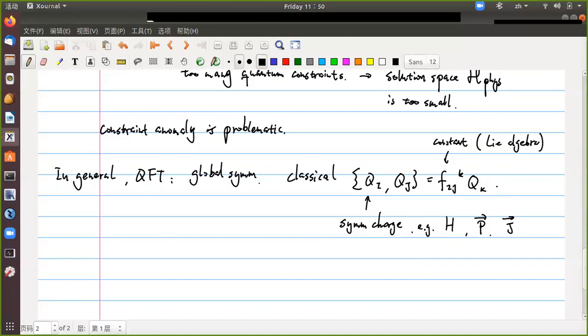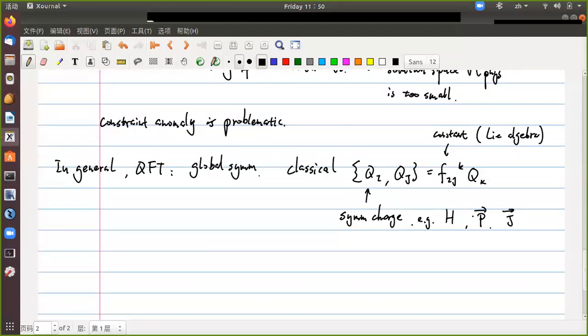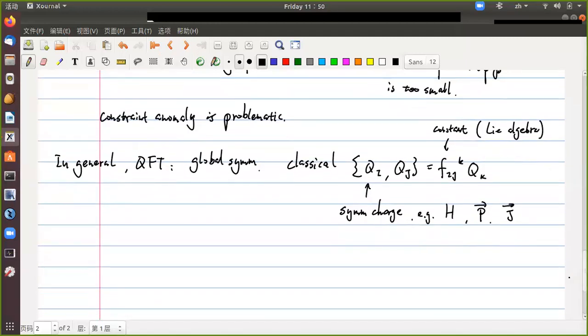So classically, these are symmetry algebras, which are perfectly like a Lie algebra. Now when we quantize, the Poisson brackets of symmetry charges become commutators, and those symmetry charges become operators: your Hamiltonian becomes the Hamiltonian operator, momentum becomes the momentum operator.